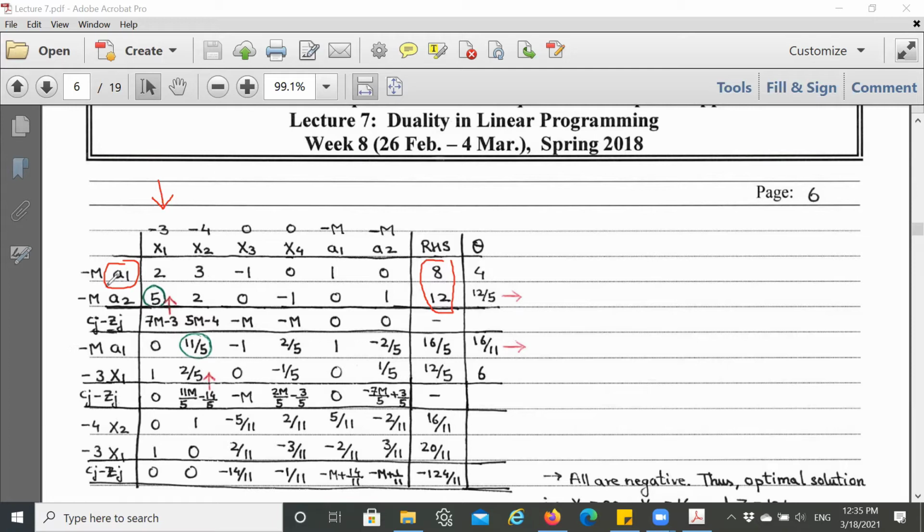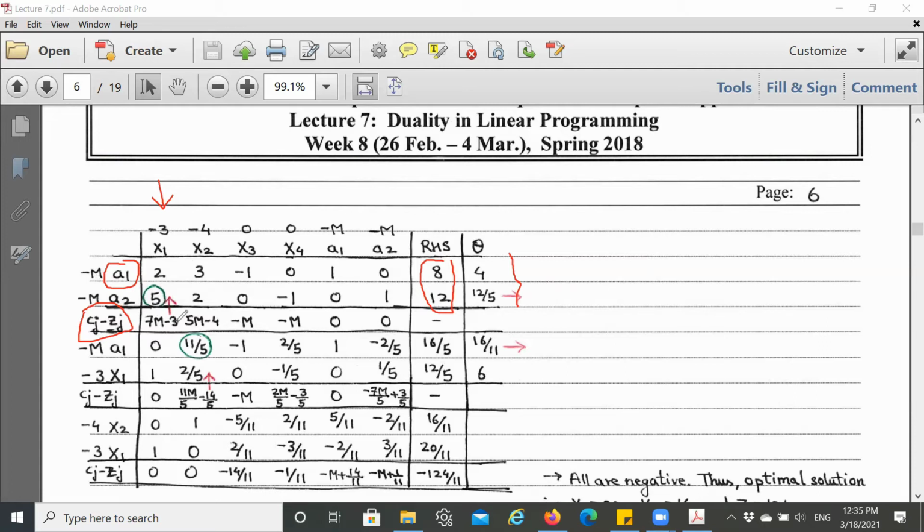So the first thing is, after you draw these two lines, after you make this table so far, you draw a line and then you write something called Cj minus Zj. What is Cj minus Zj? In this example, it is 5 times minus M plus 2 times minus M, which is minus 7M. That would be Zj. So minus Zj would be 7M, and Cj would be minus 3.